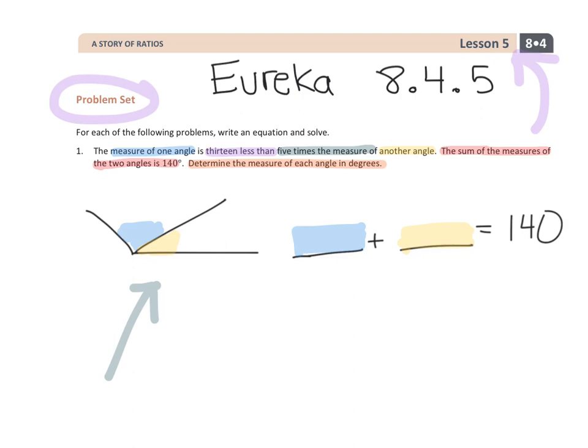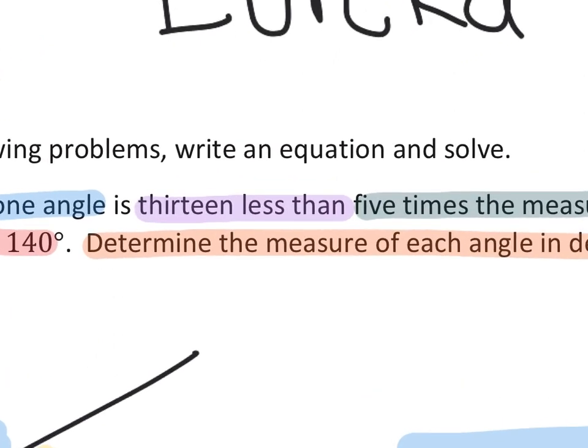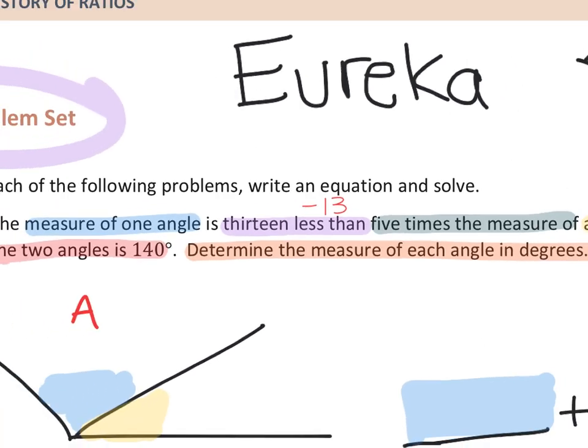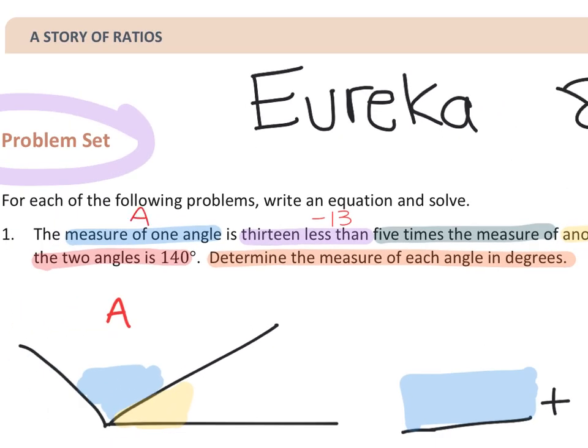I highlighted the measure of one angle, so let's call this angle A, is 13 less than, so we need to have a minus 13. Just go with the 13 less than for a moment. So measure of angle A is 13 less than what?